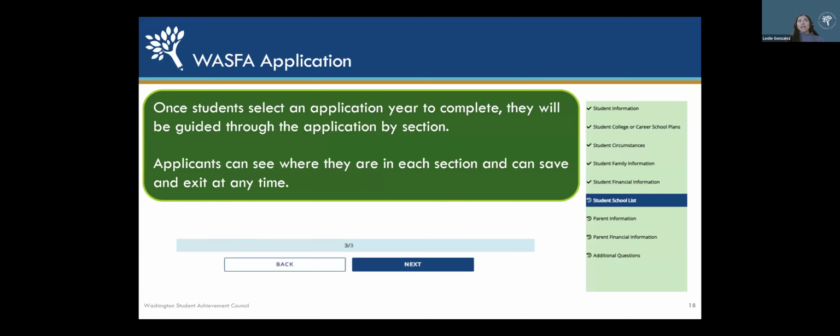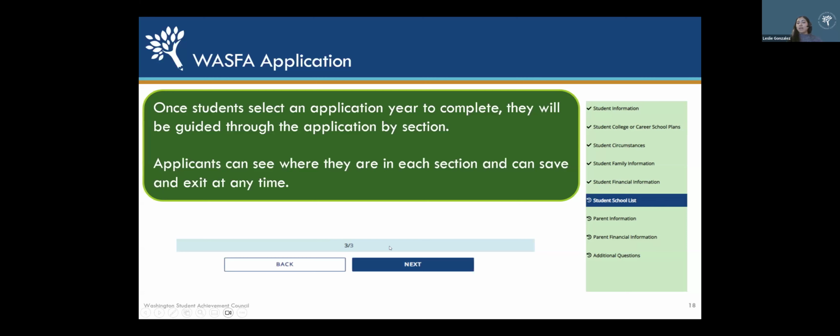And then once a student enters their application, they will be guided through the application by section, just as you can see here in this example. Applicants can see where they are in each section and can also save and exit at any time. For example, in this screenshot, a student would be in the student school list section, on page 3 of that section.